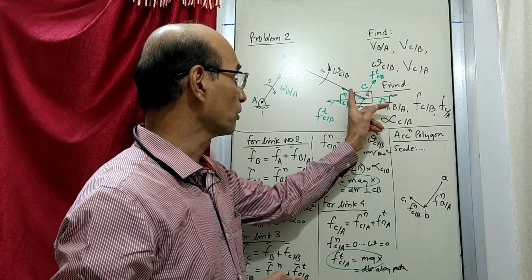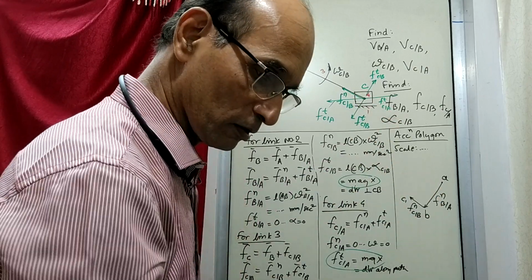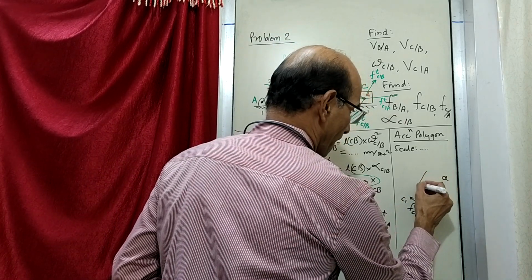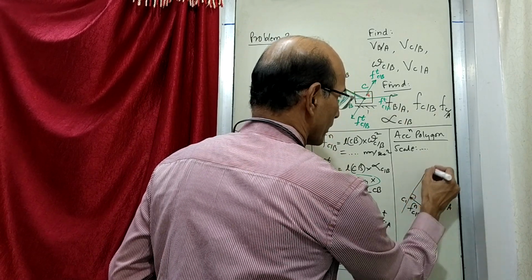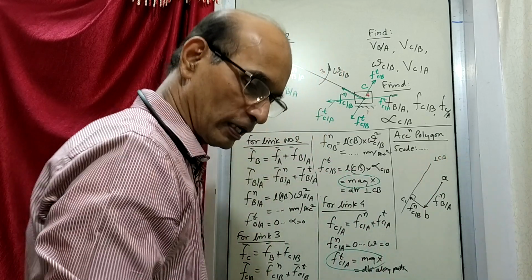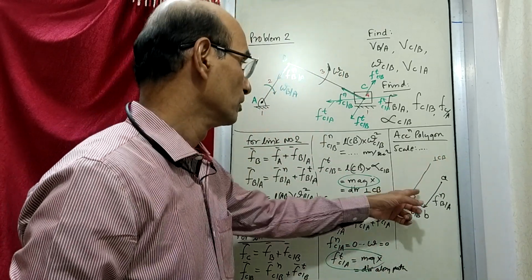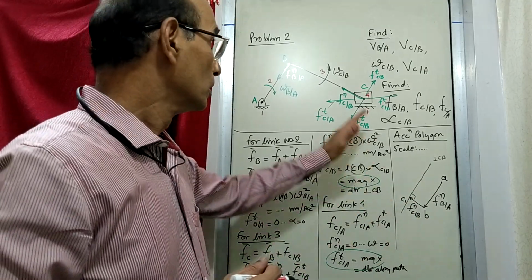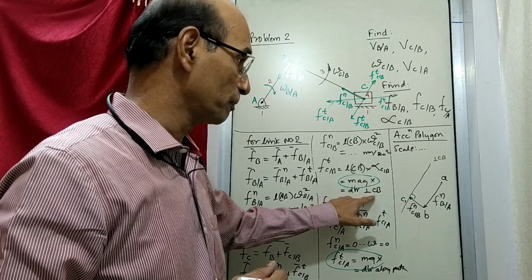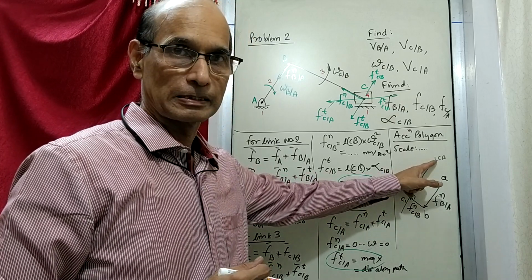Normal and tangential, they are perpendicular to each other. So here we draw a line exactly perpendicular to this one. We have drawn a line perpendicular to CB. Like this. Okay, so this part is done. Direction perpendicular to CB is this.